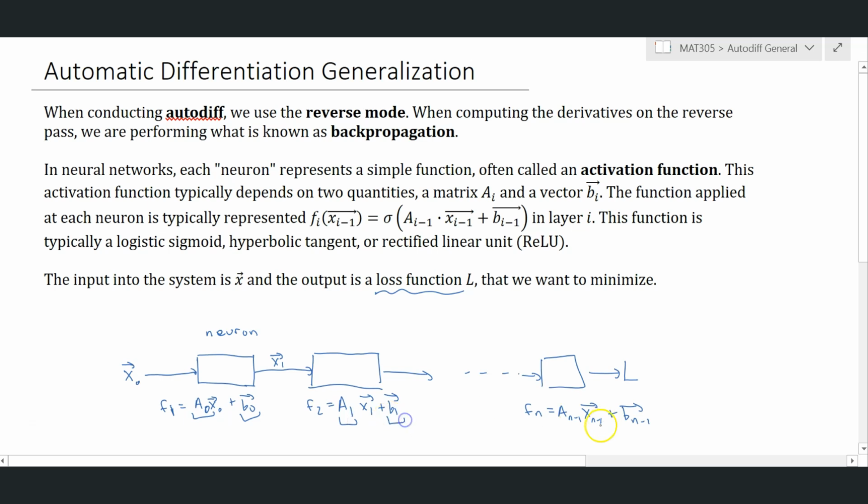So we're going to have this parameter space, which is going to be a function of all of the a's. It's already a matrix, but it'll have a0 through a n minus 1, and then it'll also have all of these vectors, b0 through b n minus 1.